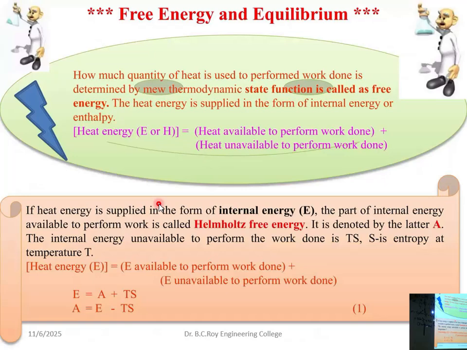This G is called Gibbs free energy. What is H? Enthalpy. T is temperature, S is entropy. Always a symbol carries its own specific significance. So what is the formula here? G equal to H minus TS.